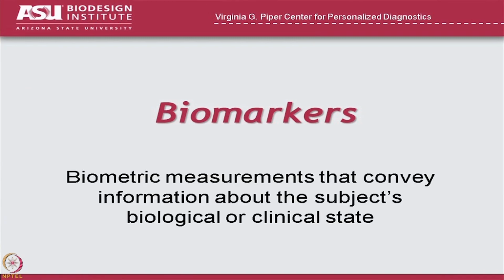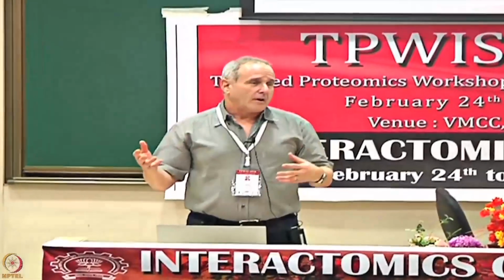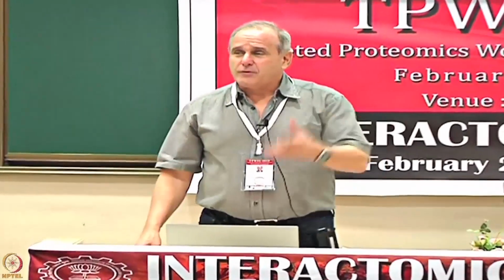So if you go to a doctor's office and they measure your blood pressure, that's a biomarker. They're using the blood pressure to get a sense of your health, and they're going to use that to predict the likelihood of getting hypertension or cardiovascular disease, right? If you go to the doctor and they measure your cholesterol, that is a biomarker.